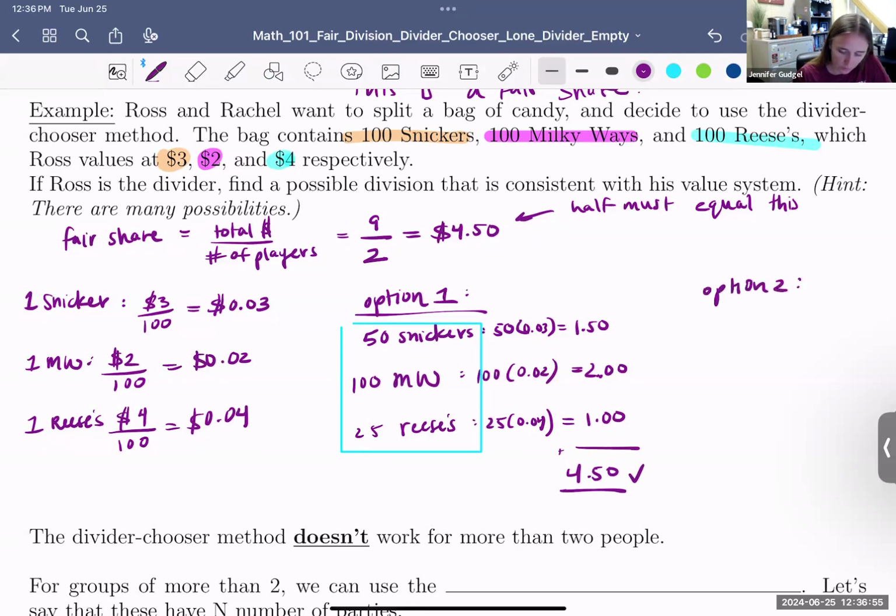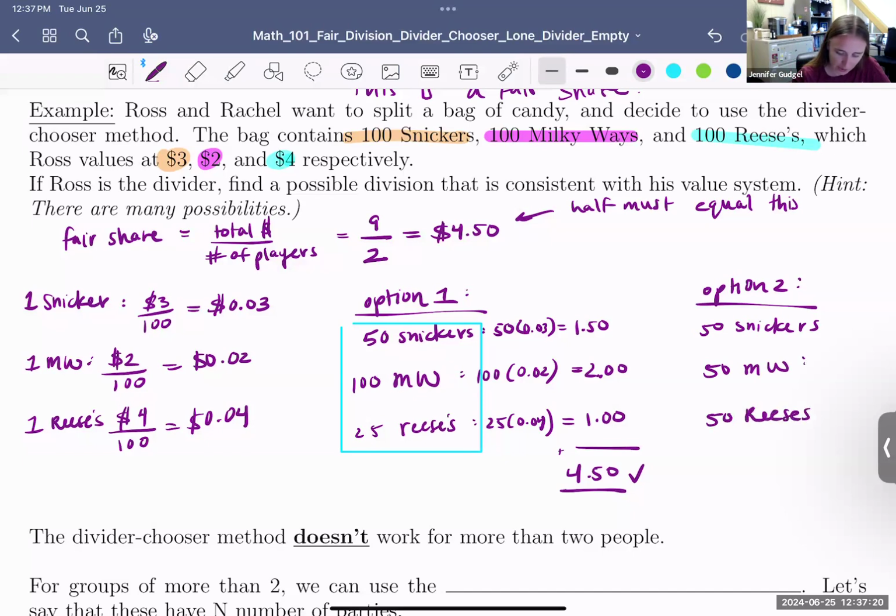Another option, and this one almost always works. It works when you have 100, 100, 100, or an even number for each, really, because you can take half of them, half of them, half of them, no problem. All right, so 50 Snickers, 50 Milky Ways, and 50 Reese's.